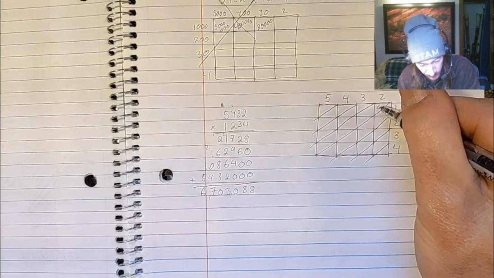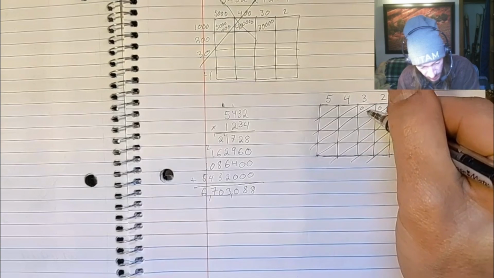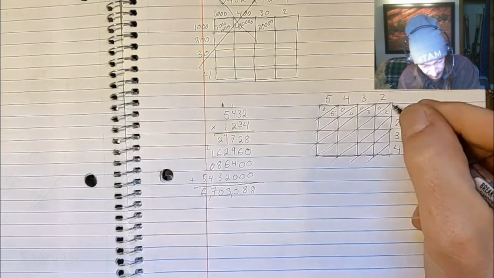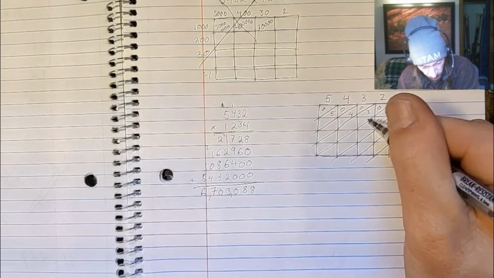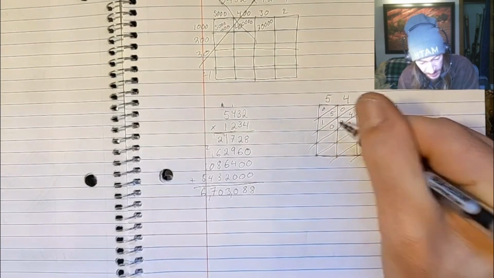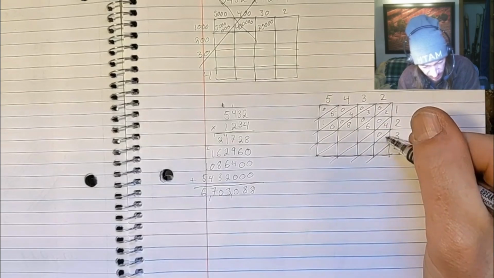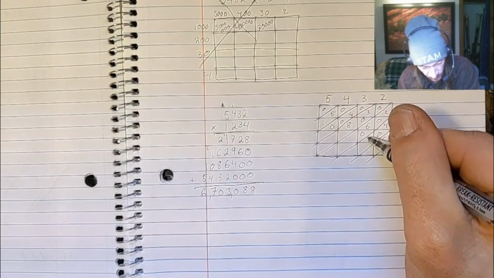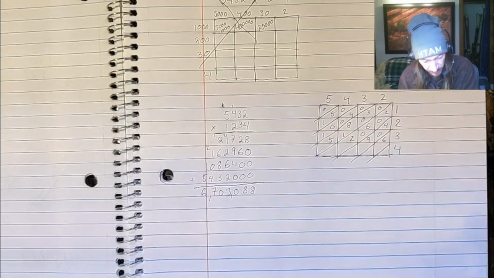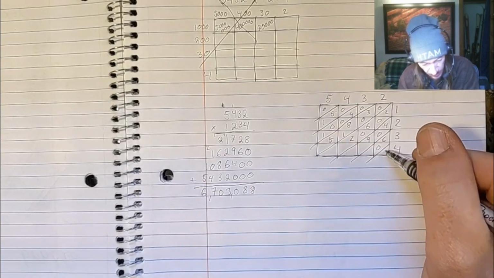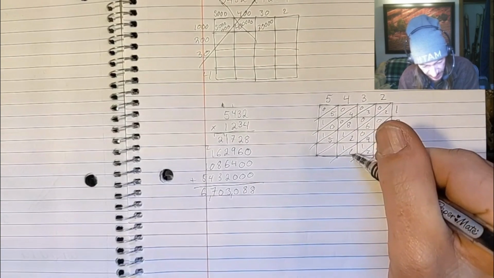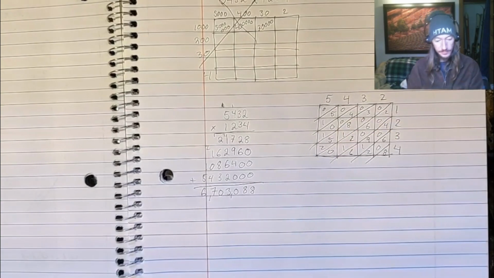So here we go. 0, 2, 0, 3, 0, 4, 0, 5, 0, 4, 0, 6, 0, 8, 10, 1, 0. 3 times 2, 0, 6. 3 times 3, 0, 9, 1, 2, 1, 5. And then down last column, 0, 8, 1, 2, 1, 6, 2, 0.